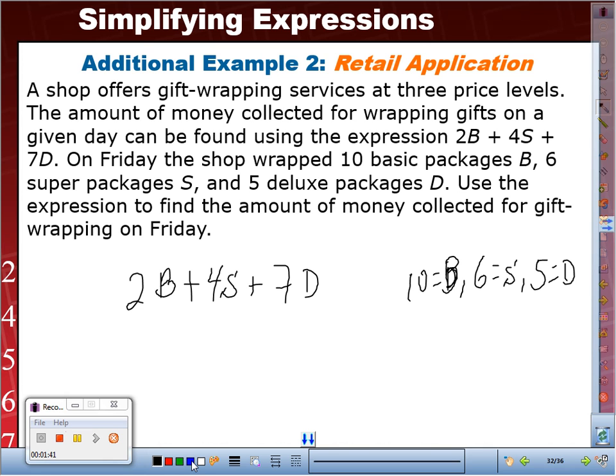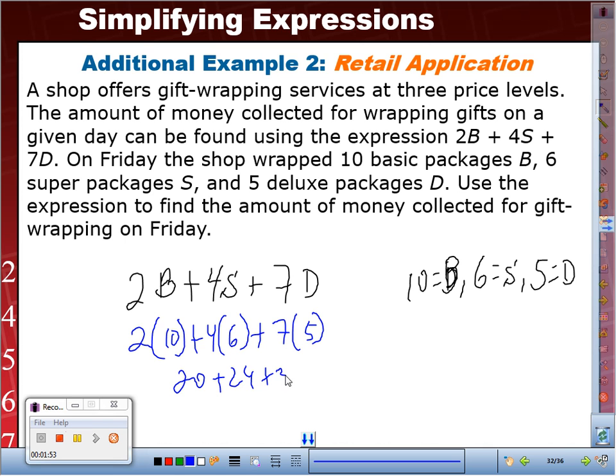And what did we do? We just substitute values. So this is 2 times 10 plus 4 times 6 plus 7 times 5, and that became 20 plus 24 plus 35, which is 79 buckaroonies, because we're talking about money collected for gift wrapping.